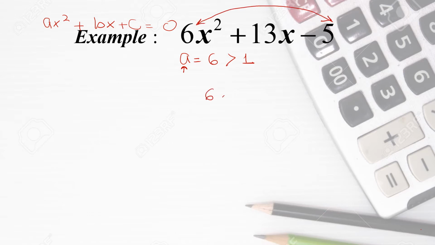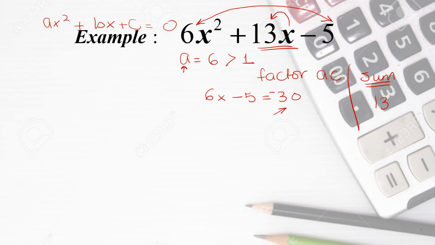So 6 times negative 5, you will get negative 30, which means that you have to factor AC so that the sum is the coefficient of the middle term, that means the coefficient of x, 13. So you have to find two numbers that multiply to give minus 30, and when you add them you get plus 13.